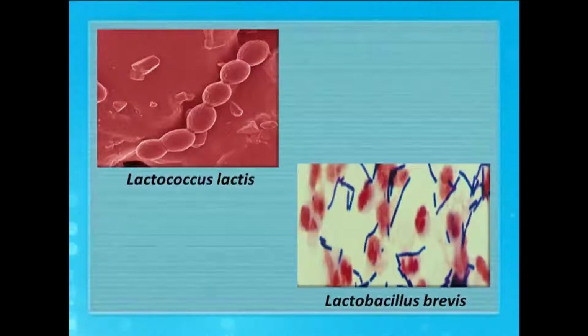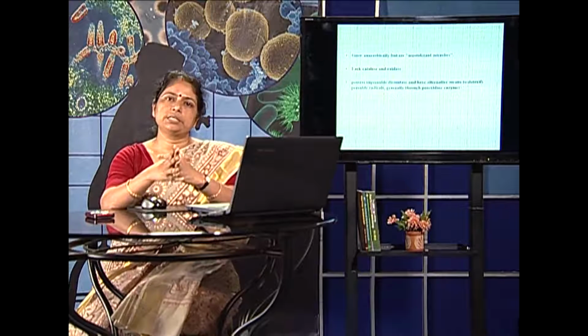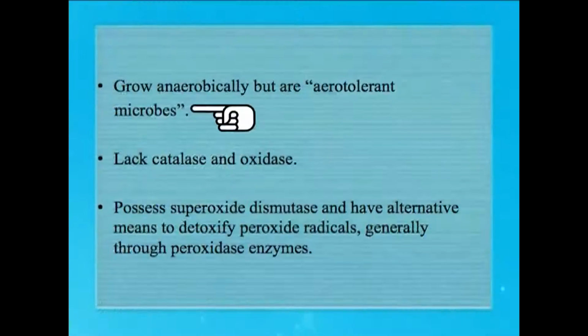All the lactic acid bacteria grow anaerobically and they are aerotolerant microbes. That means they grow in the absence of oxygen and that is why they are anaerobes. However, they can tolerate the presence of oxygen and therefore they are called aerotolerant.